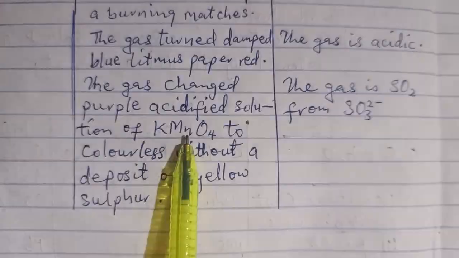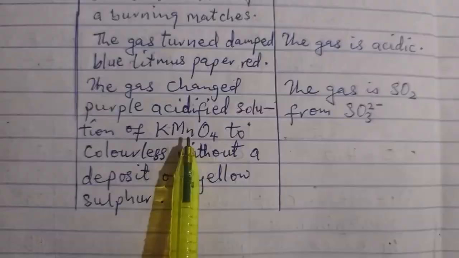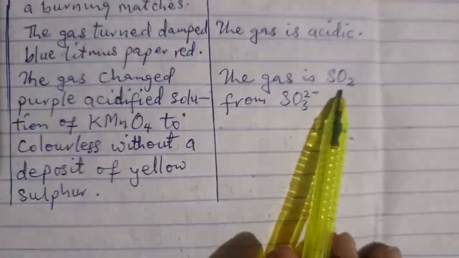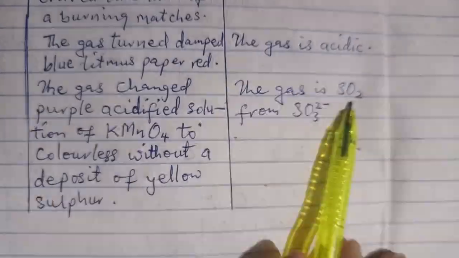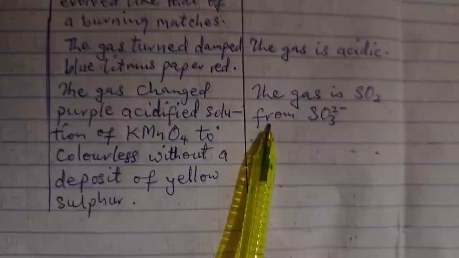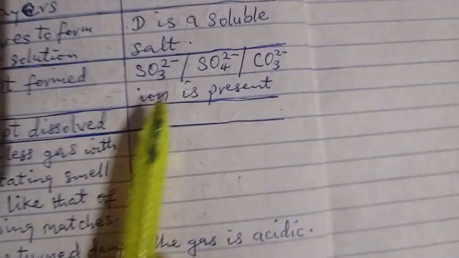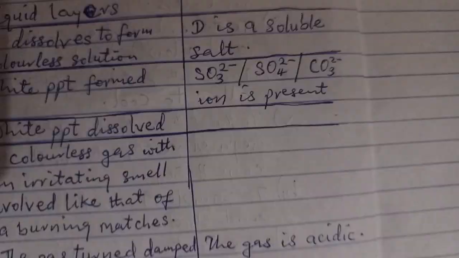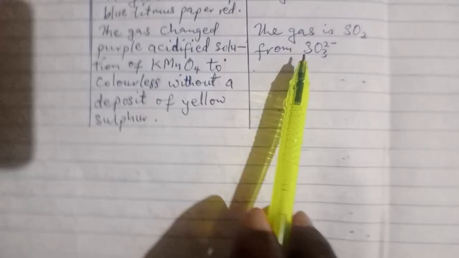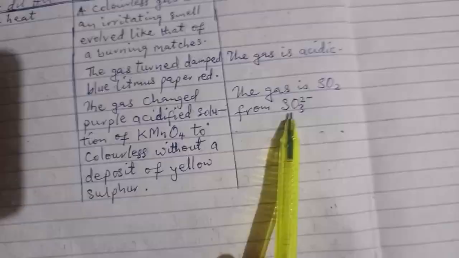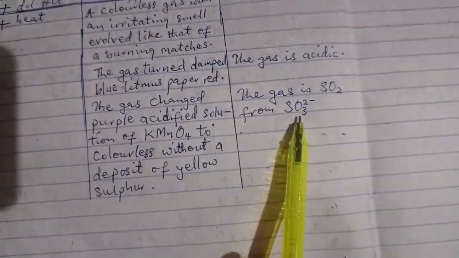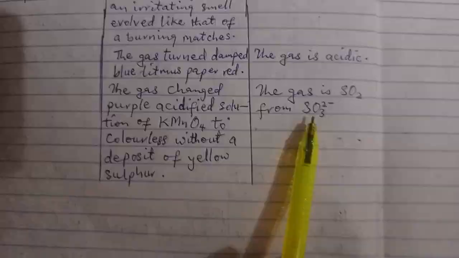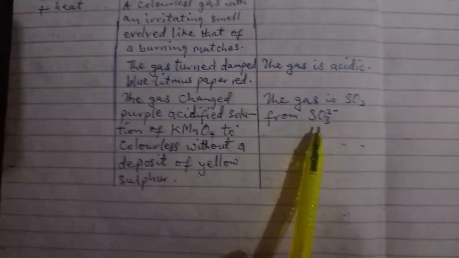And it is not CO2. CO2 cannot do that. CO2 cannot do that. It's always what? SO2, which comes from where? SO3. So you have confirmed that out of these three substances that you suspected, the outcome at the end proves that it is SO3 2 minus that is in that salt.